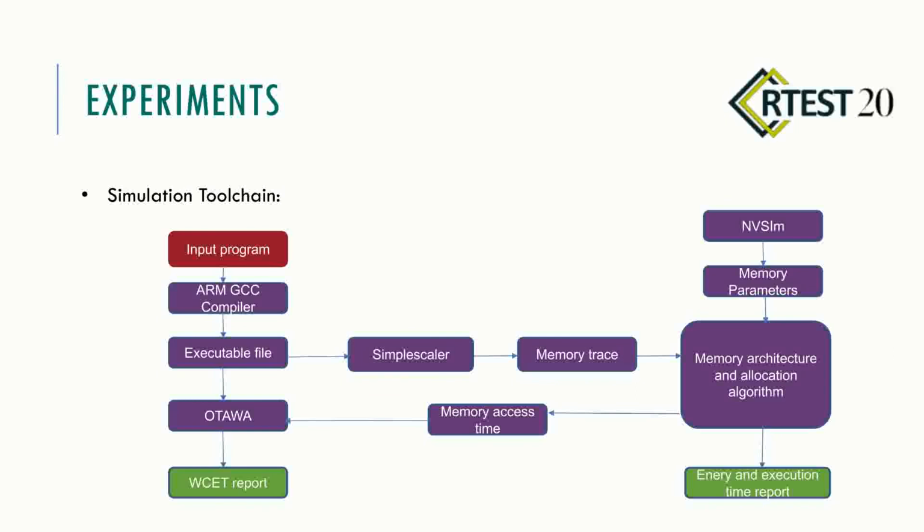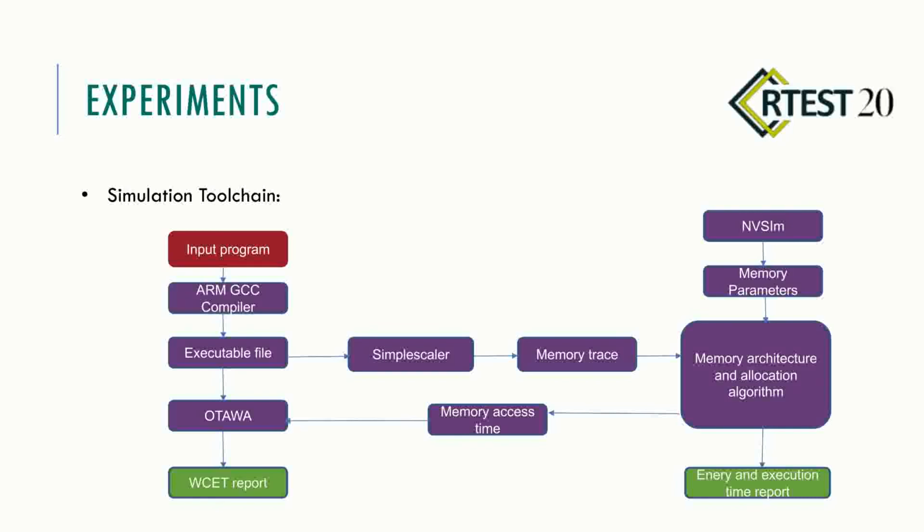Here you can see our tool chain. The input is a program and also memory parameters, for which we used NVSim to find the memory parameters. We used the GCC compiler to create the executable file of our program, and we used SimpleScalar to create the memory trace.